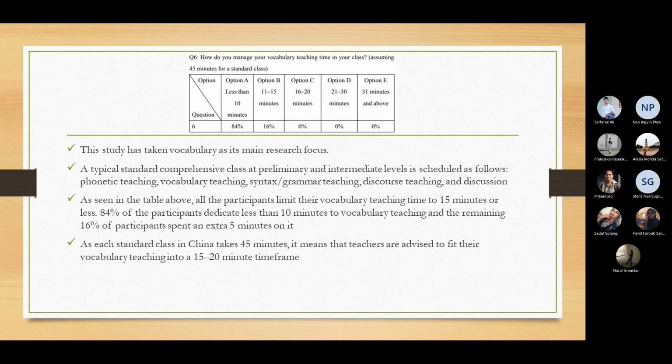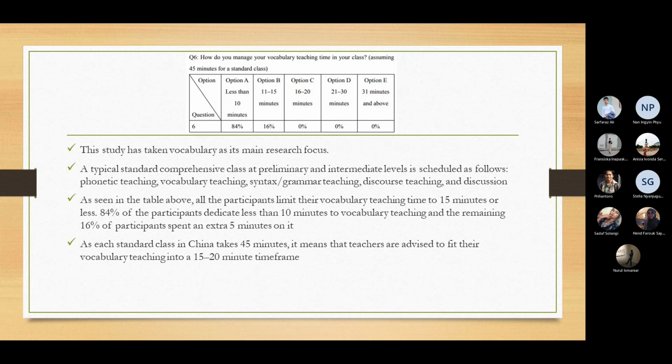Most of them were spending 5 minutes or more, some of them just 10 minutes or 16 minutes. So this is what we see in the observation: how in a standard class a teacher can divide or assume 45 minutes for vocabulary.